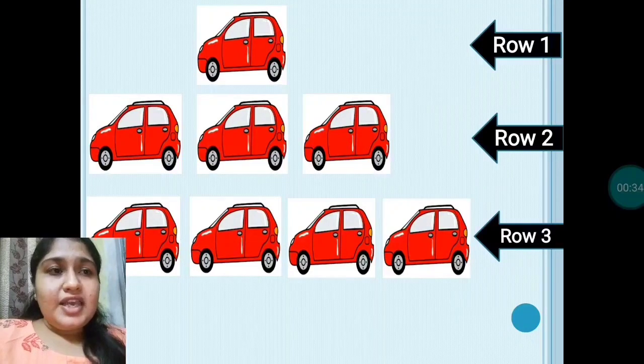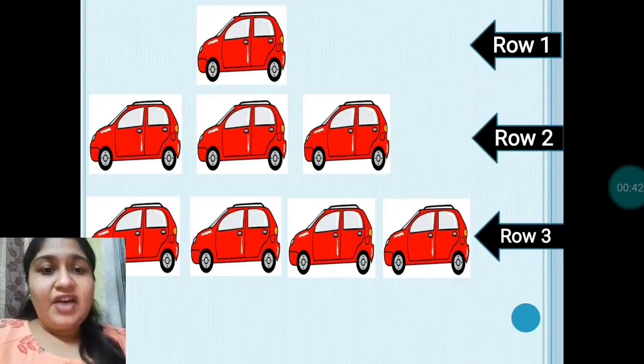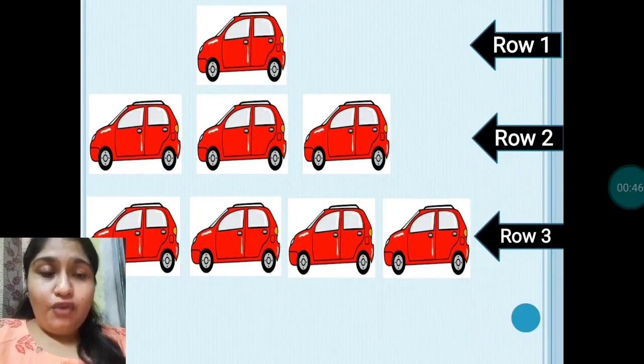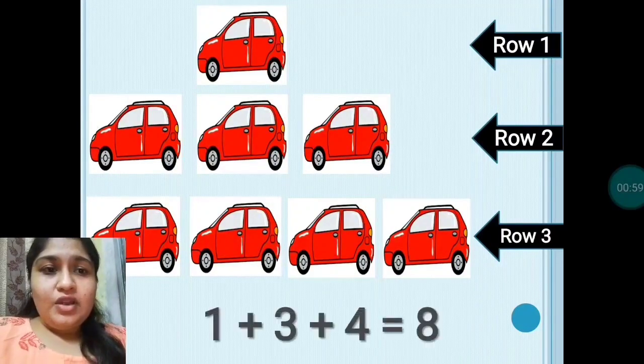If I add row 1 and 2, 1 plus 3, what is the answer? 4. And 4 plus 4, in row 3 how many cars are there? 4. So 4 plus 4 is equal to 8. So the answer is 1 plus 3 plus 4 is equal to 8.